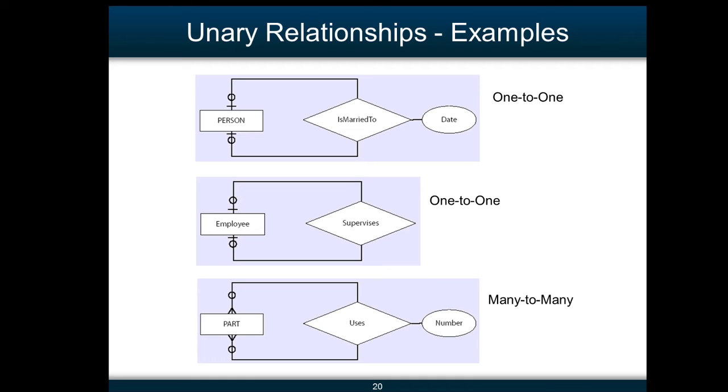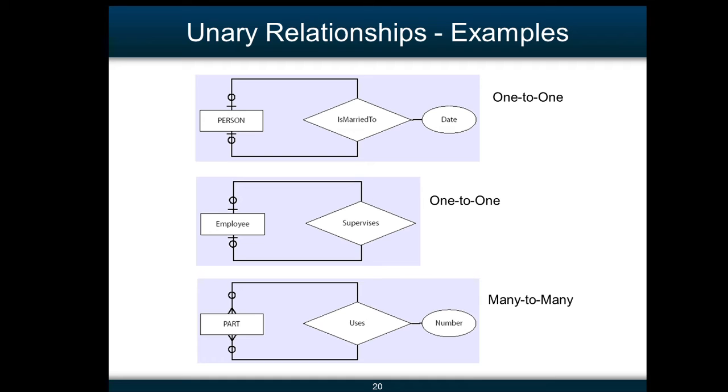This means that one instance or one person is married to another person. And then we put here an attribute to the relationship is married to. That pertains to the data about the relationship is married to.